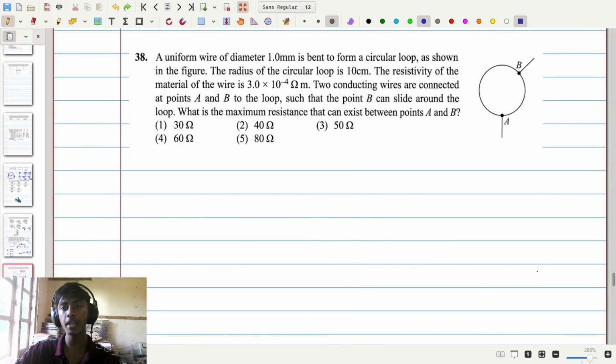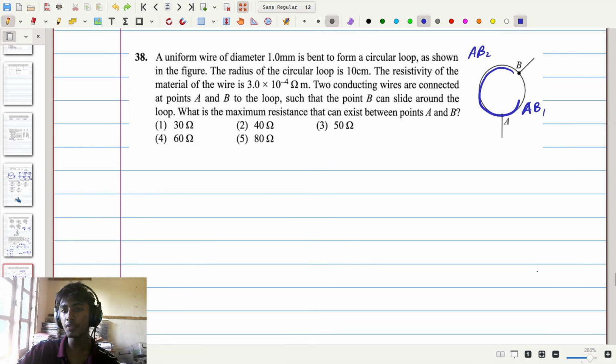Now for this one, if we look at A and B, we can see we have two wires in between A and B, and therefore there are two resistors in between A and B like this. These two resistors are parallel to each other, and therefore in order to find the resistance between A and B, we have to find each of these resistors individually. Here, I'm going to call the shorter wire segment AB1 and the longer wire segment AB2.